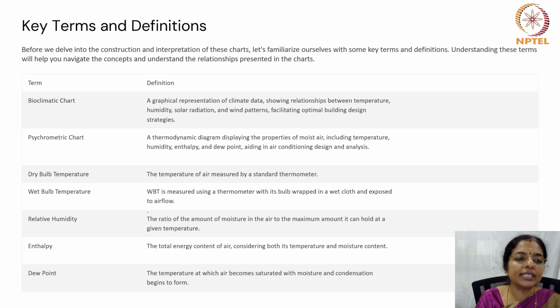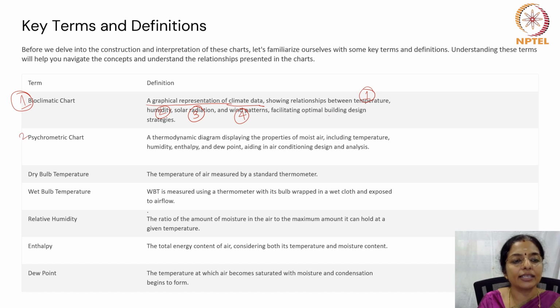The first is bioclimatic chart. A bioclimatic chart is a graphical representation of climate data showing the relationship between temperature, humidity, solar radiation, and wind, facilitating optimal building design strategies.